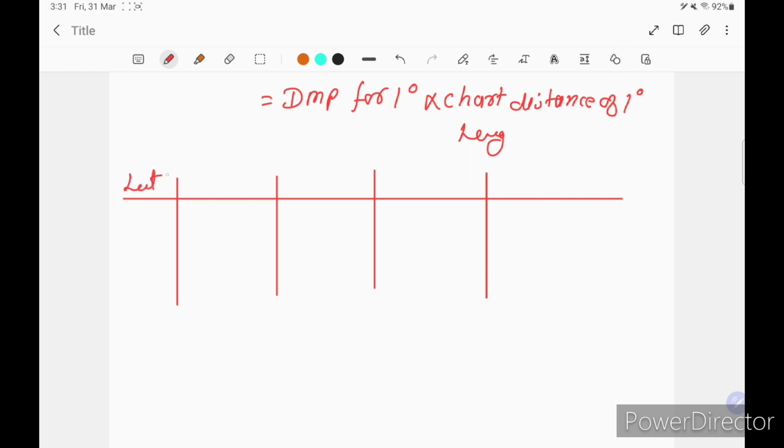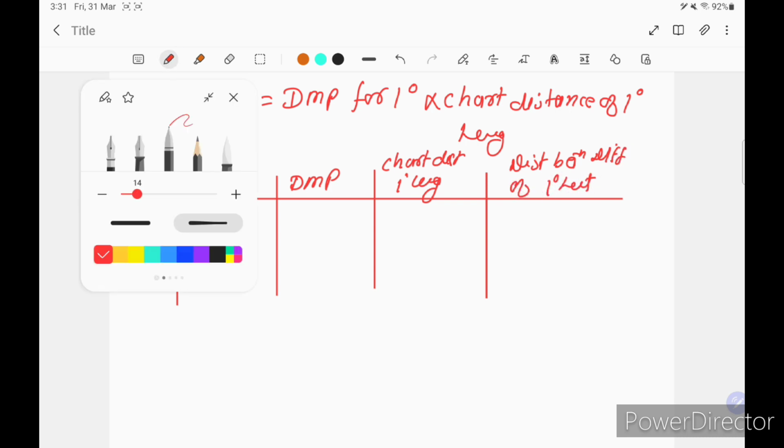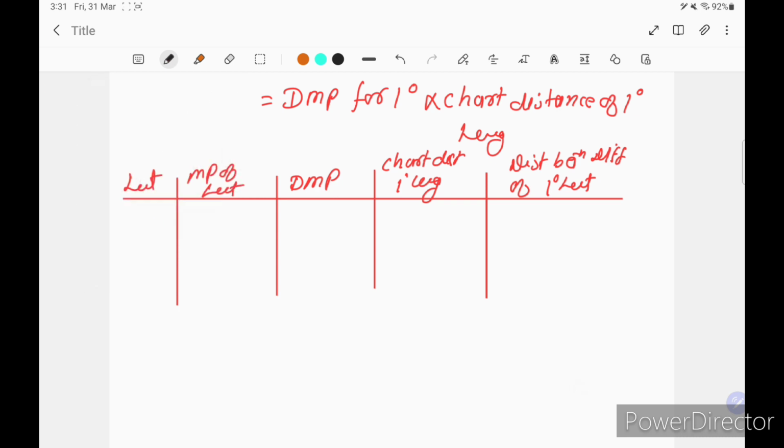So this is latitude, MP of latitude (meridional parts), difference of meridional parts, chart distance of 1 minute longitude, and distance between difference of 1 degree latitude. So 0, 2, 0, 1, 0, 0.